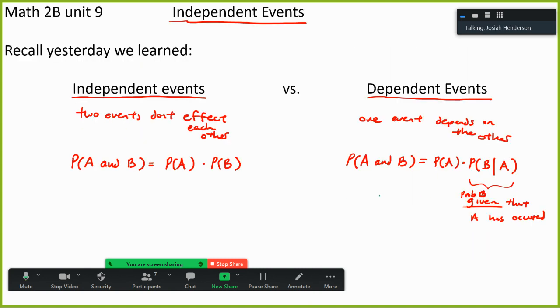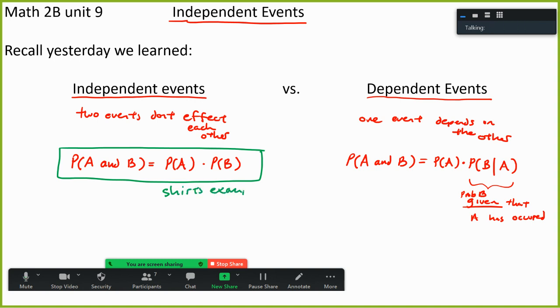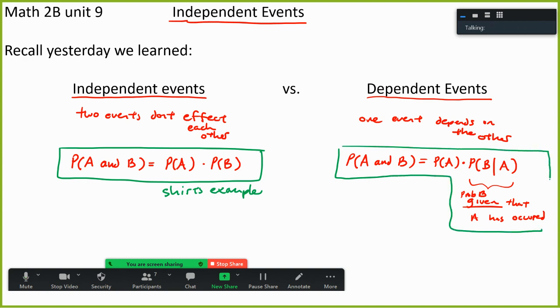The probability of 2 events happening, if they're independent, we just multiply the separate probabilities. This is like the shirts example. And then probability of A and B happening when they do affect each other is the candy example right here. We have to change that second one and account for the missing probability, basically, the missing outcomes.